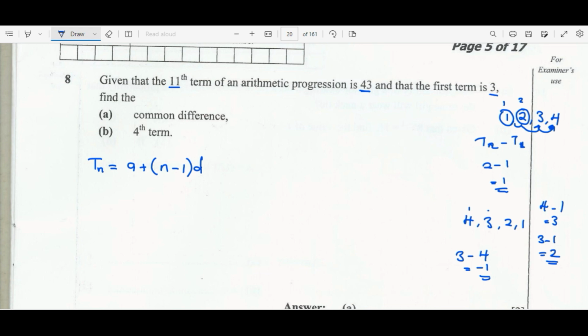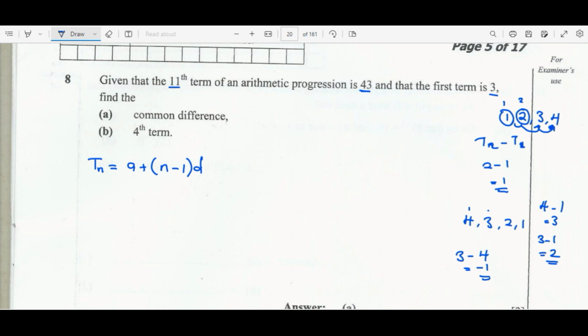And then a is the first term. So a always is the first term. And then n is the position of the term which is given. So in this case, n is 11. And d is the common difference which we don't have.